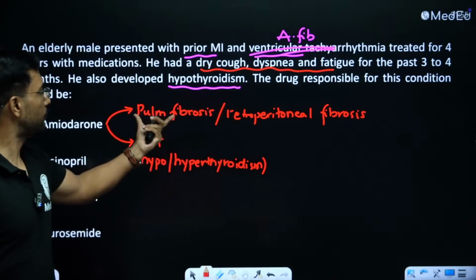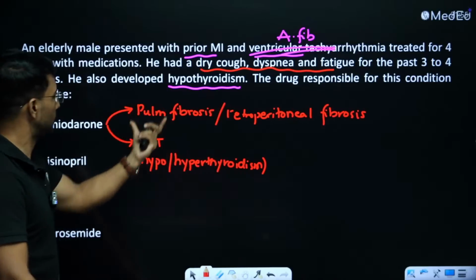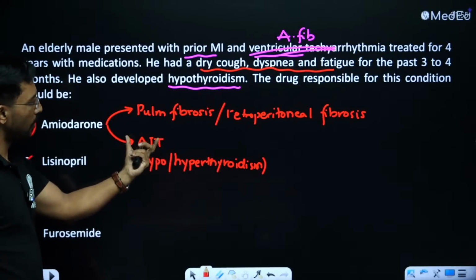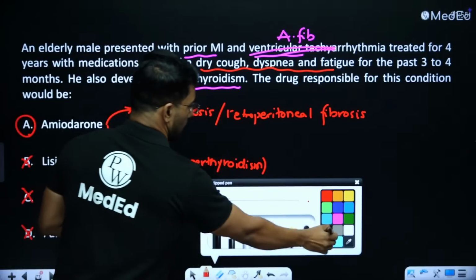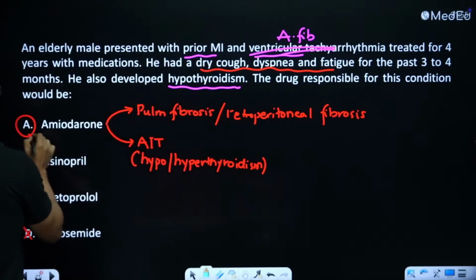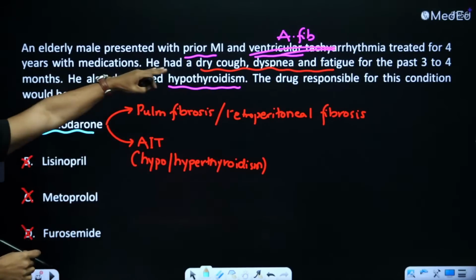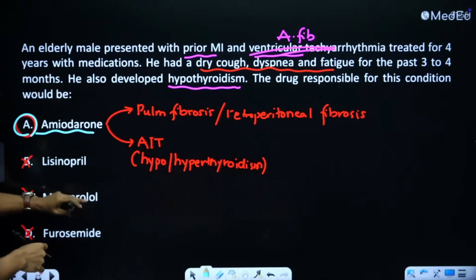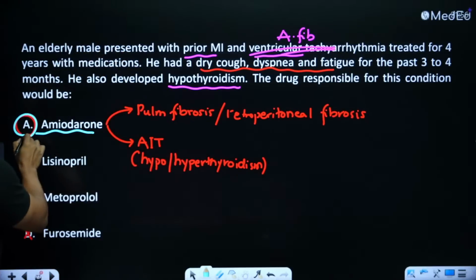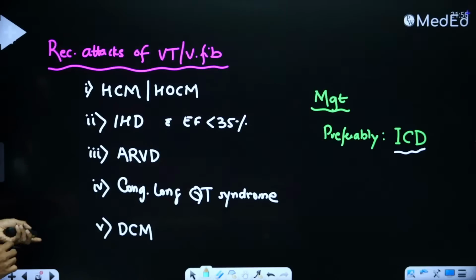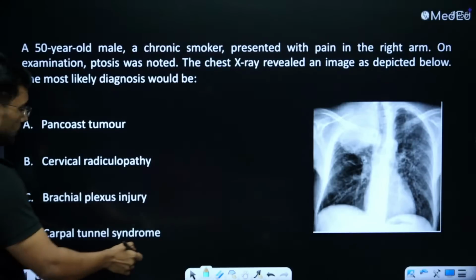So the patient developing pulmonary fibrosis explains why he is having dry cough, dyspnea and fatigue. And amiodarone-induced thyroid injury explains why he is developing hypothyroidism. So we can stick to amiodarone as the answer, because lisinopril may explain respiratory symptoms but not hypothyroidism. Metoprolol may explain the respiratory symptoms in presence of asthma, which is not there in the story. So we'll stick to our answer A, amiodarone, known to cause both thyroid dysfunction as well as pulmonary toxicity.